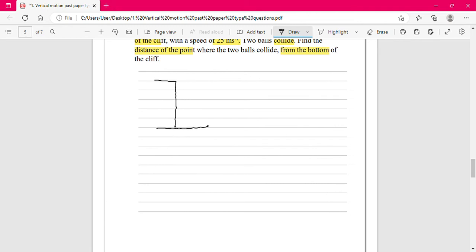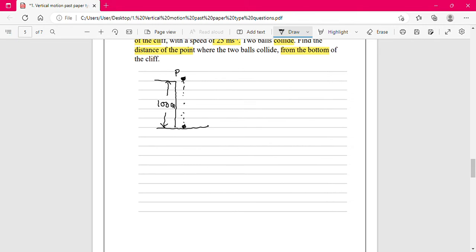This is of height 100 meters. Now, one ball is dropped from the top of the cliff. So this is ball P, and another ball at the same time is projected upwards.